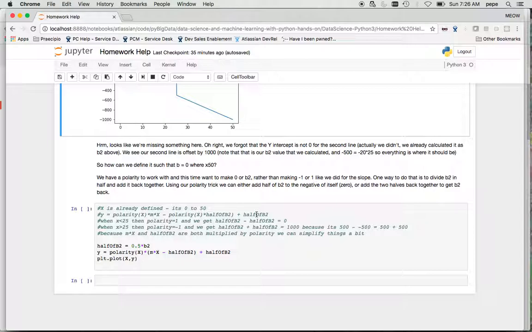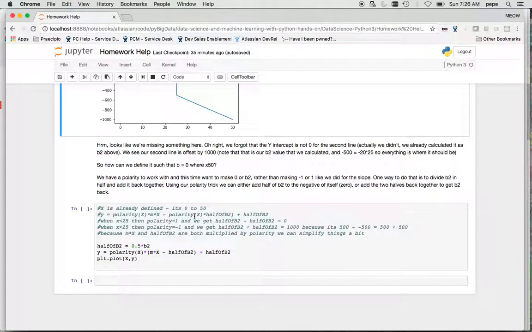So if x is less than 25, what this will do is give us a b value of 0. However, when x is greater than 25, our minus a negative polarity will cause half of b2 to be positive, which then we will add to the other half of b2 and get our original b2 value of 1,000. So it's a little bit of a math trick so that we can manipulate the b value depending on what side of 25 we're on.